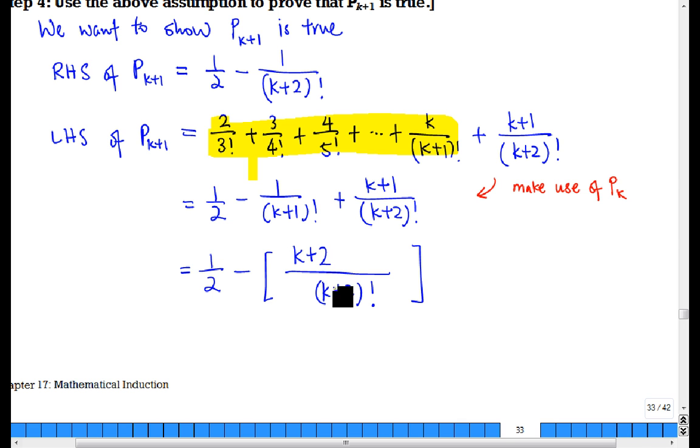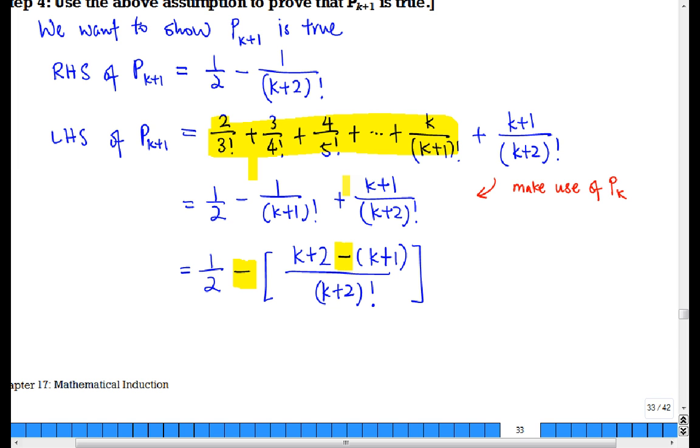Correct? This divided by this, it will give me this. Remember, just take note that this is a minus. But this is a plus, so I have a minus k plus 1. Correct? Let's take note of our sign. Minus, minus becomes plus here. Just check that.